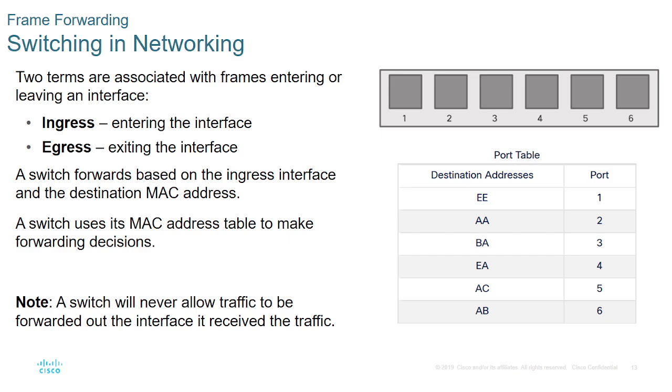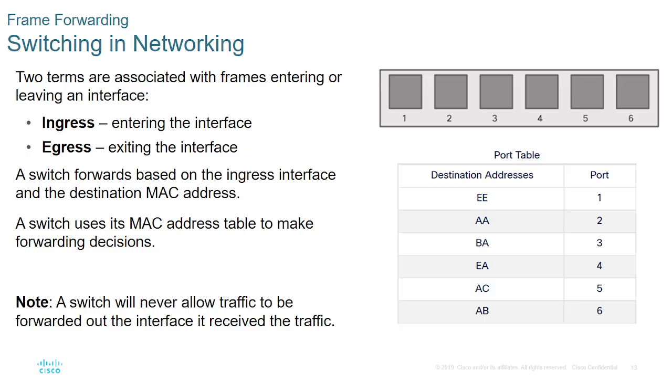So a switch forwards based on the ingress interface and the destination MAC address. A switch uses what they call a MAC address table to make those forwarding decisions. A switch will never allow traffic to be forwarded out of the interface it received the traffic on.